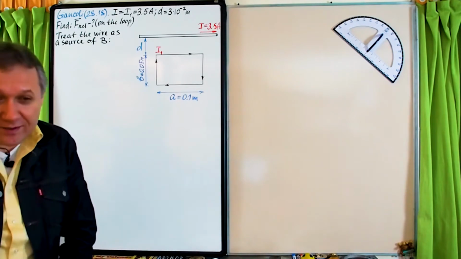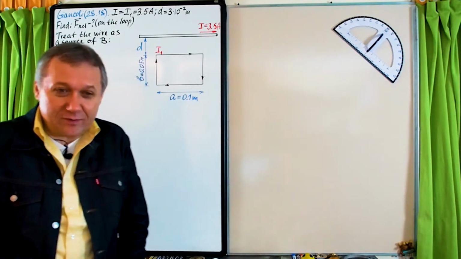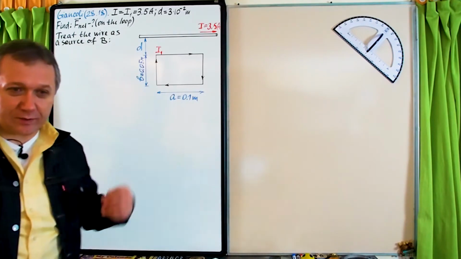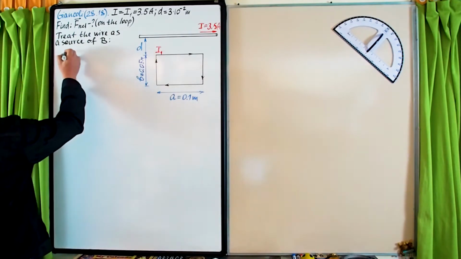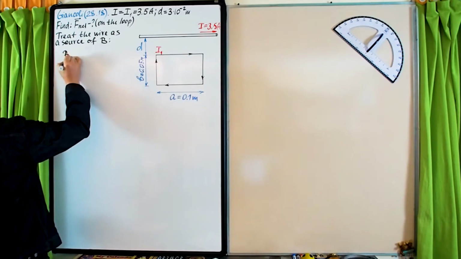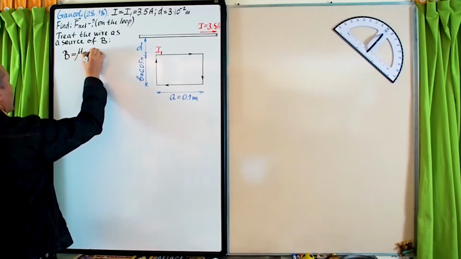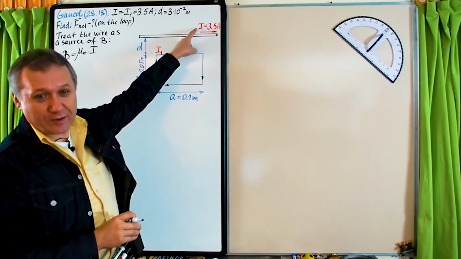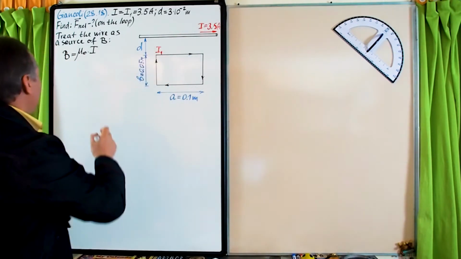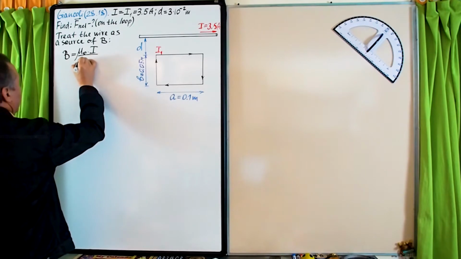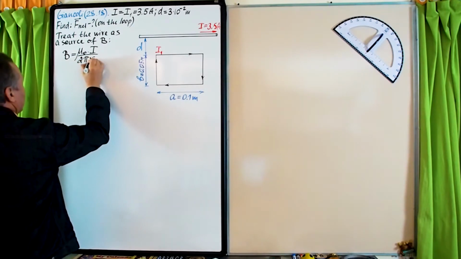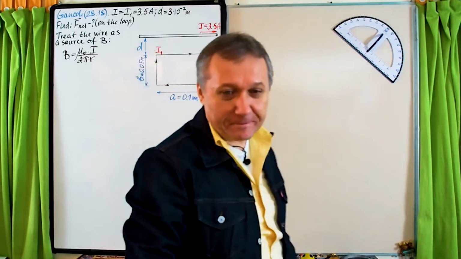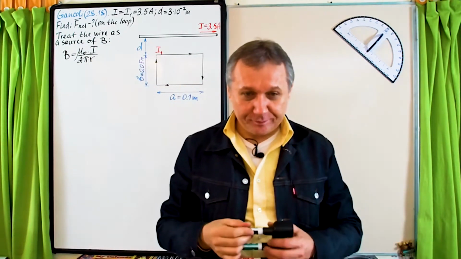And can we write the expression for the magnetic field strength? Of course, at this point, everyone can easily write it down, because we've derived that formula and we used it so many times. B equals mu naught times I, this I, because this is the current flowing through this wire, divided by 2 pi and the perpendicular distance from the wire to the point where you want to know the magnetic field. So that's the expression.